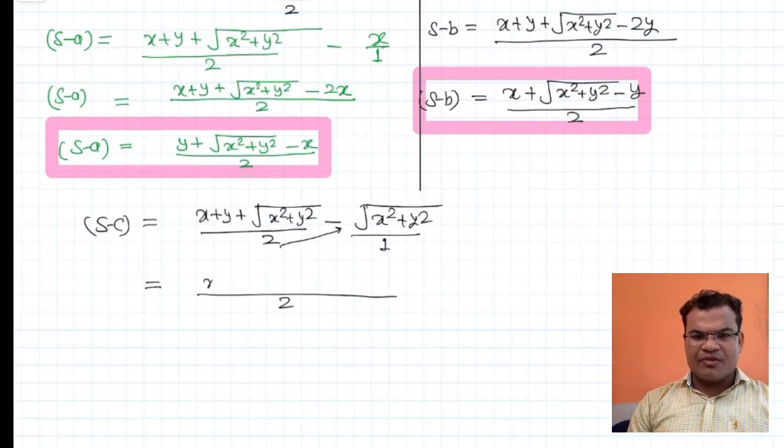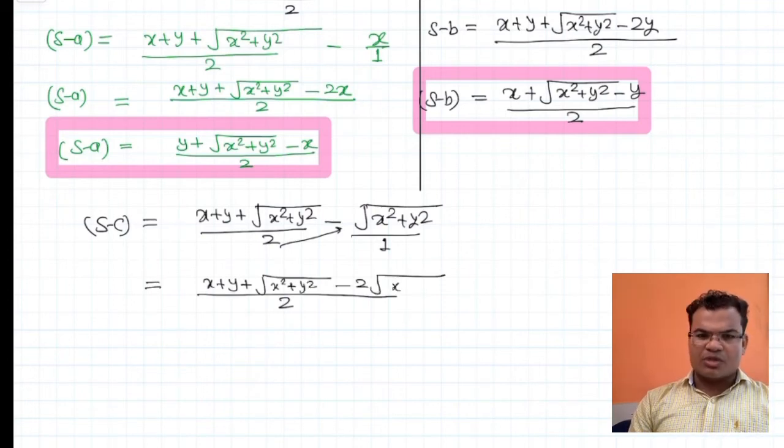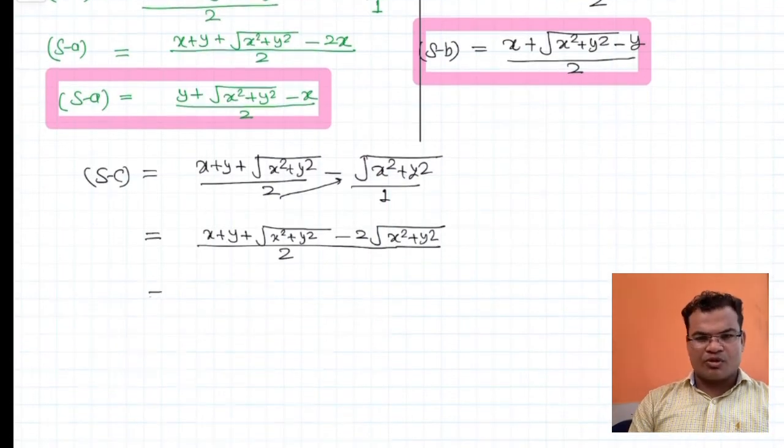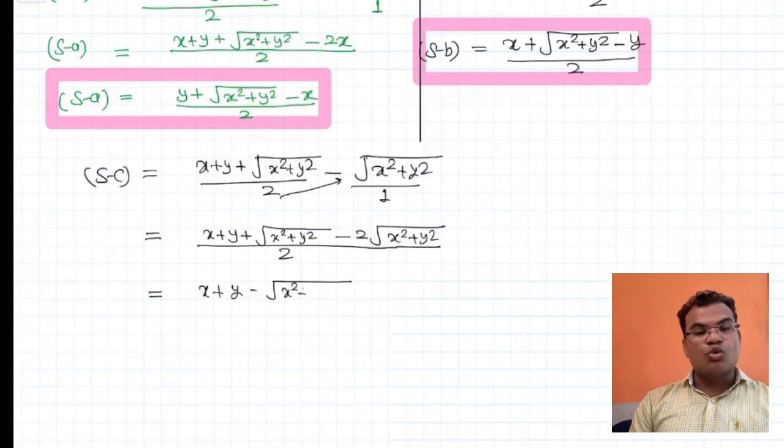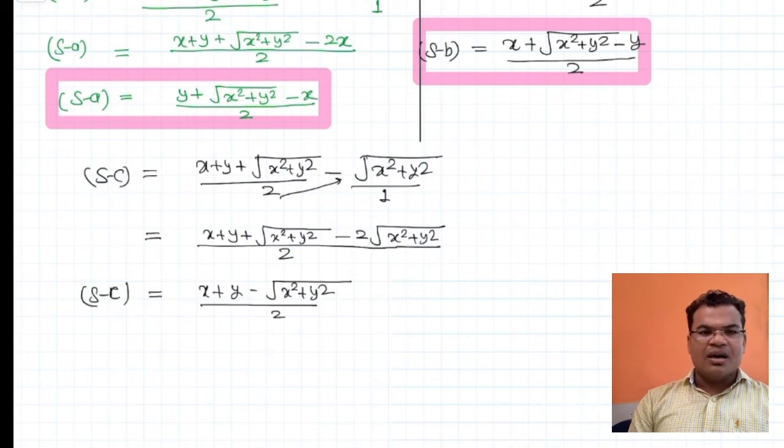This will multiply with the number x plus y plus under root x square plus y square as it is, minus 2 under root x square plus y square. Okay, so 2 root x square plus y square minus under root x square plus y square. So you will put here minus only, so x plus y and minus under root x square plus y square, because from 2 root x square plus y square we subtract root x square plus y square. Okay, so upon 2, this is the value of s minus c.